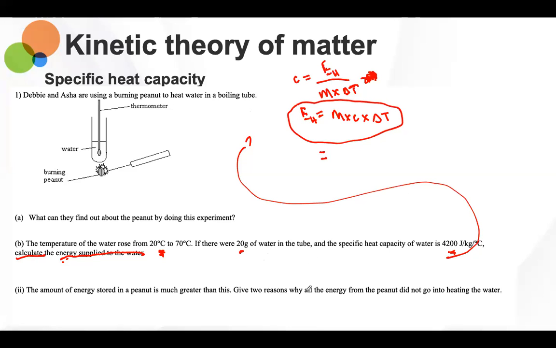Remember that 1 kilogram is equal to 1,000 grams. And we have 20 grams here and X here.